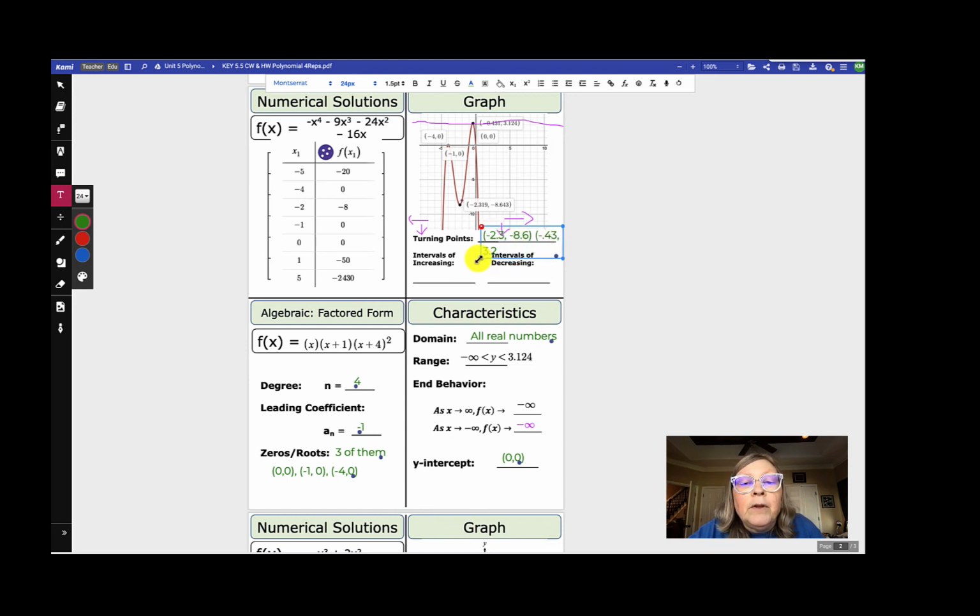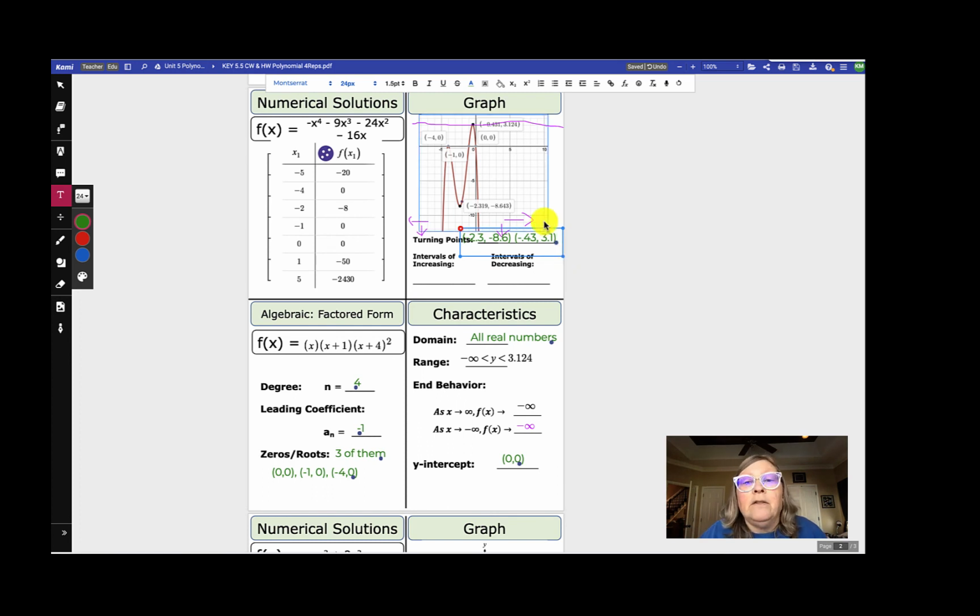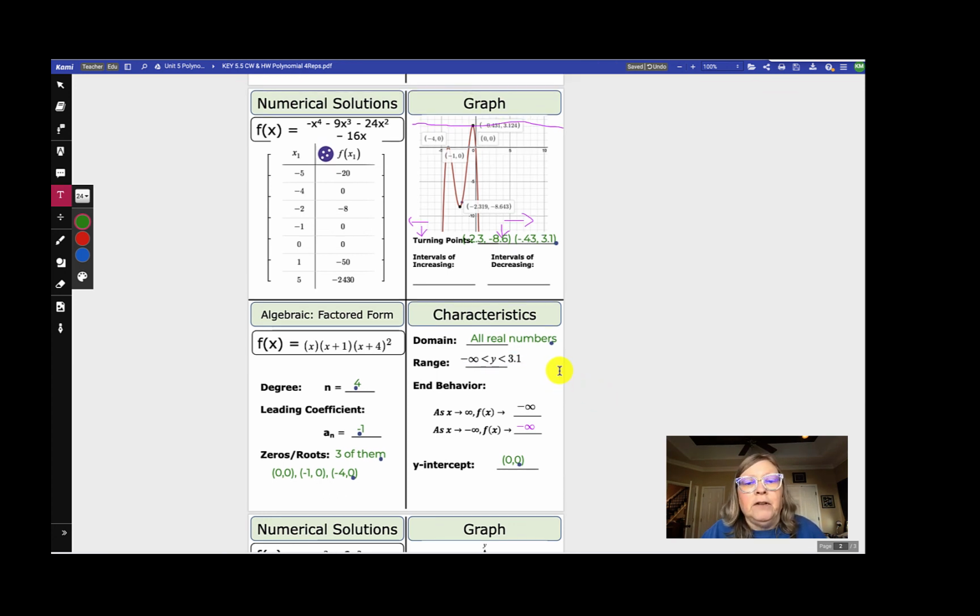And maybe a little bigger so it fits. All right, so the turning point was important actually when we figured out range also. This actually is 3.1. And so just to make it match, since I said my y value here is 3.1, so that's my bound up here, I'm going to go back down here and round it to 3.1 so that they match. That's for anybody who doesn't look at the video.